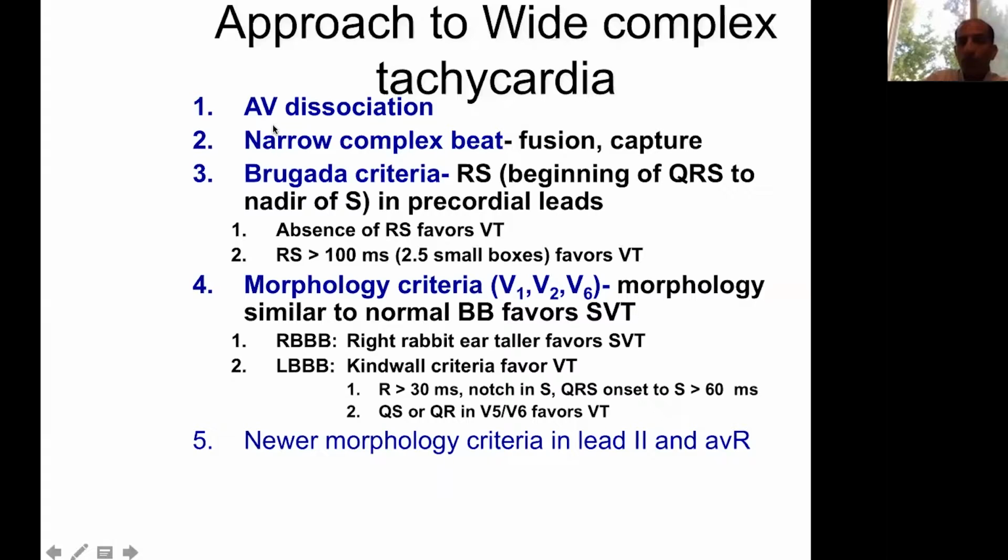Basically, you try to show dissociation between the atrium and ventricle, which means if you show that the atrium is marching slower, then the QRSs are coming from the ventricle. Then there are different criteria based on morphology in precordial leads, which is the Brugada criteria, or right and left bundle branch block morphologies in precordial leads. And then finally, the criteria that I showed you, which is coming from aVR.